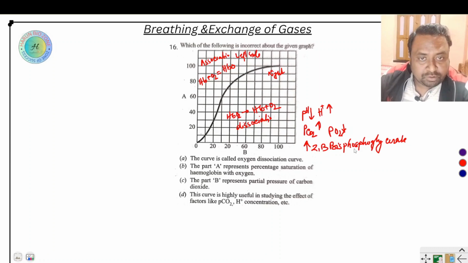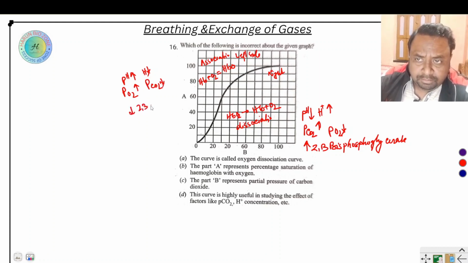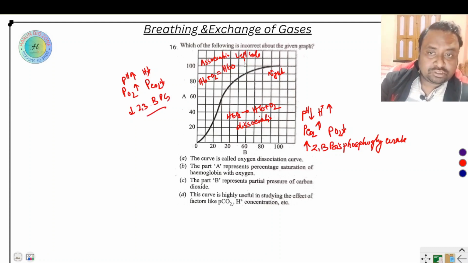When 2,3-bisphosphoglycerate concentration is high, then dissociation occurs. Association occurs when pH is higher, that means H plus concentration is low, PO2 is higher, PCO2 is lower, and 2,3-bisphosphoglycerate decreases. Then association occurs.